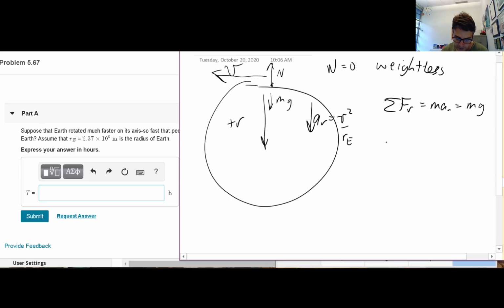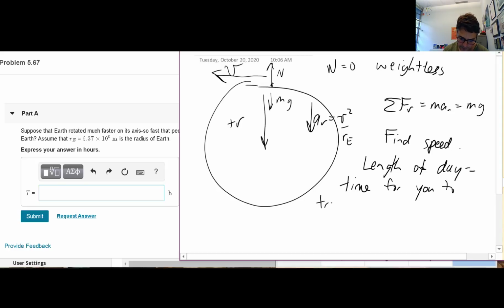I think what we're going to do is find speed, and then we're going to find length of day, is the time for you to go all the way around a circle, for you to travel the circle of circumference 2 times pi times r. This will be 1 day.